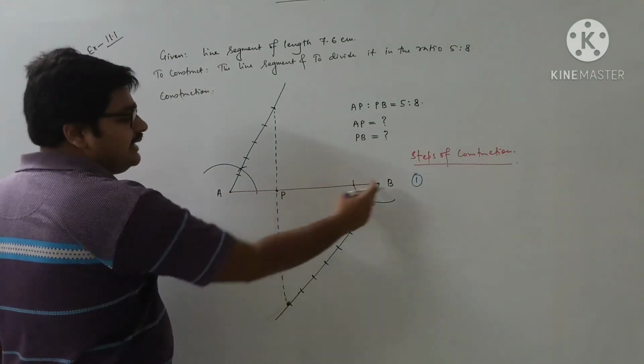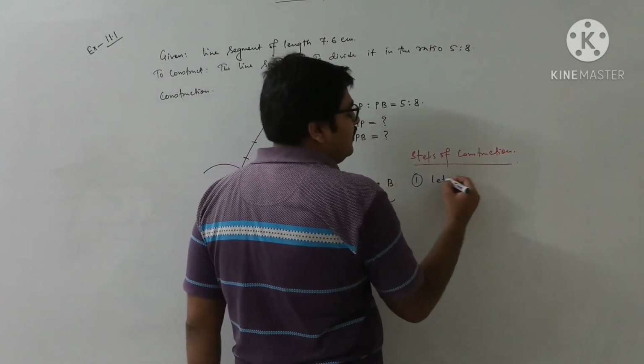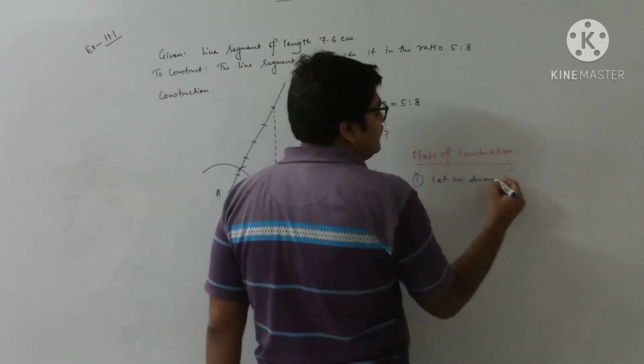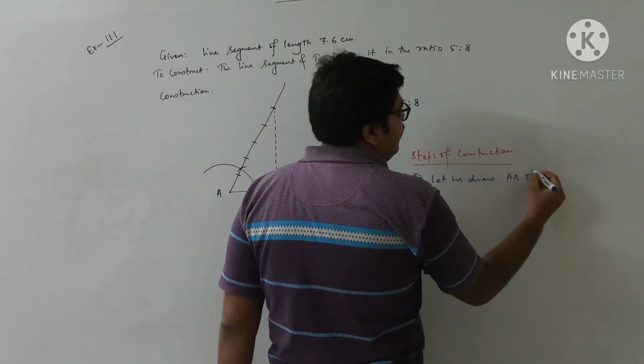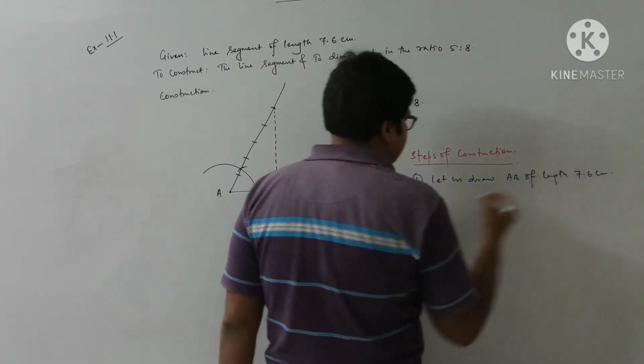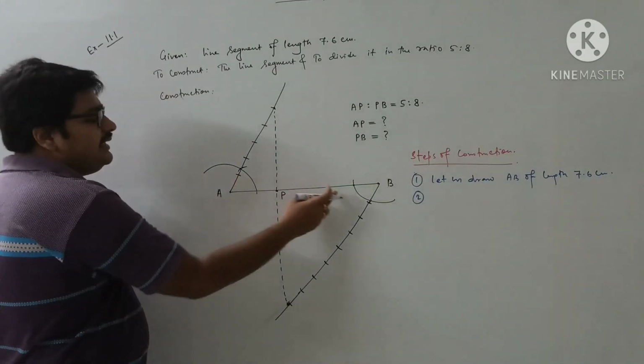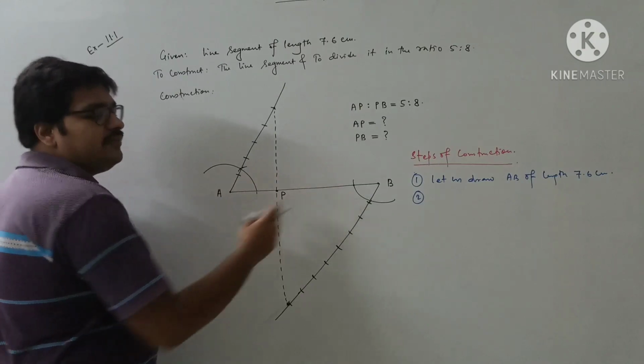First of all, I have drawn a line segment of length 7.6 cm. So let us draw AB of length 7.6 cm. This is the first thing we have done. Secondly, what have we done? We have drawn two equal acute angles. What acute angle have we drawn? 60 degrees.